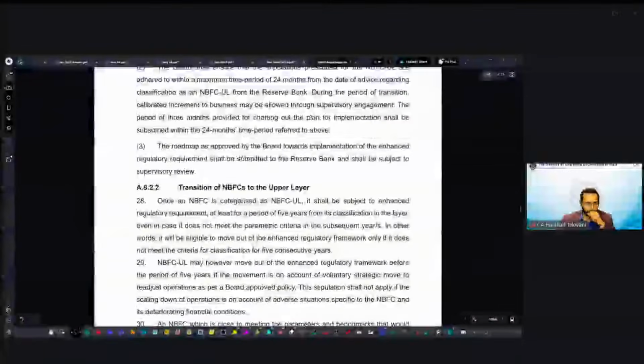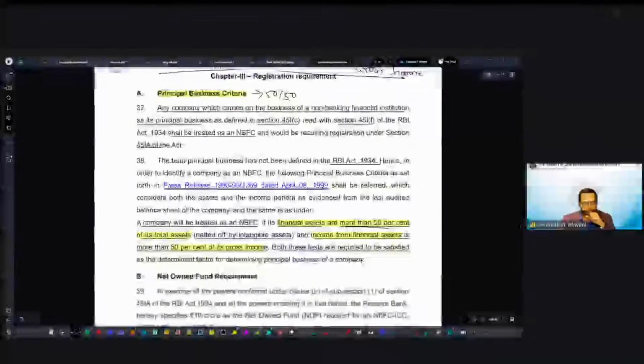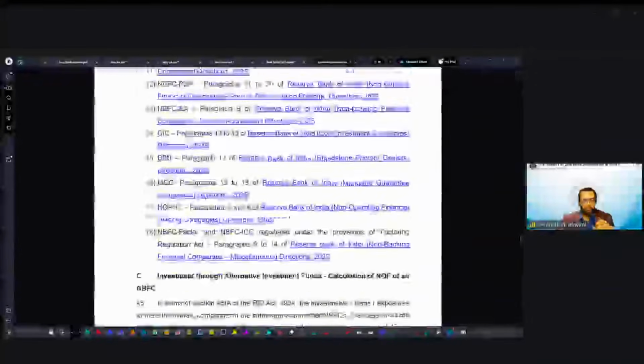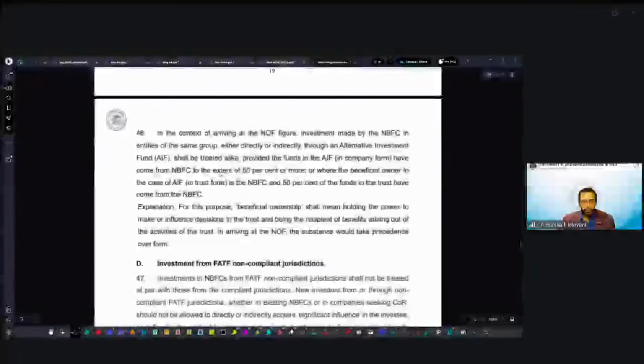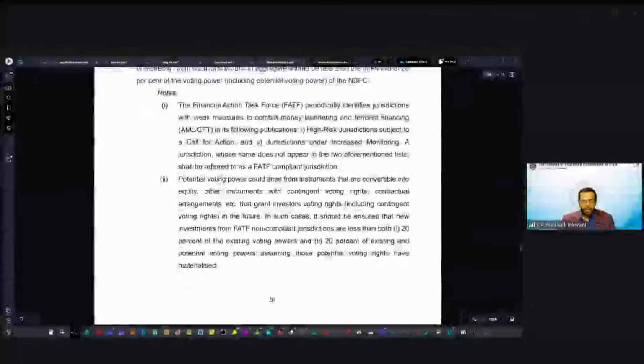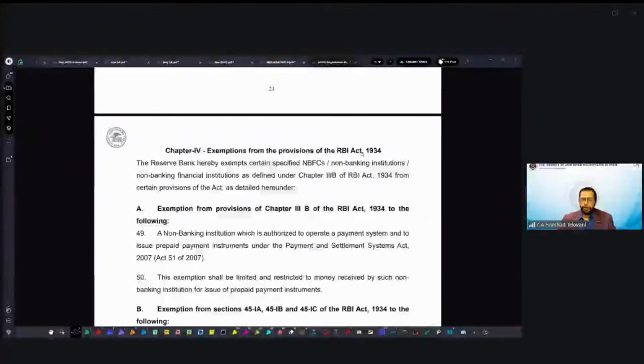For example, there is an exemption from the provisions of the RBI Act.